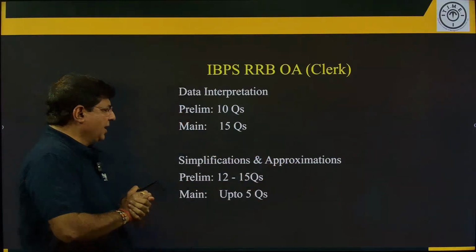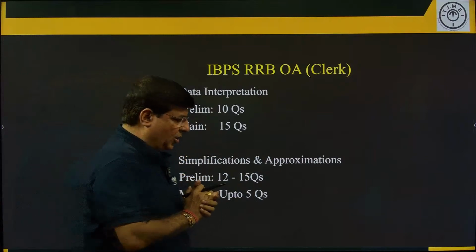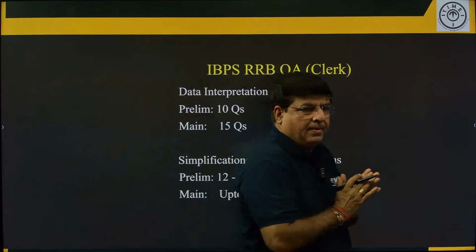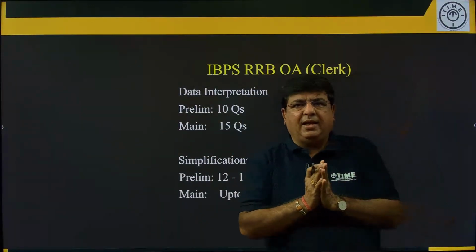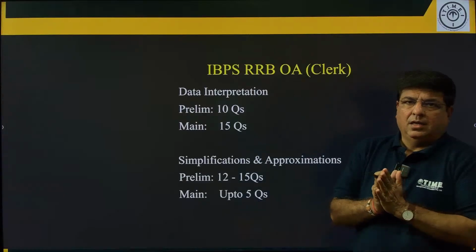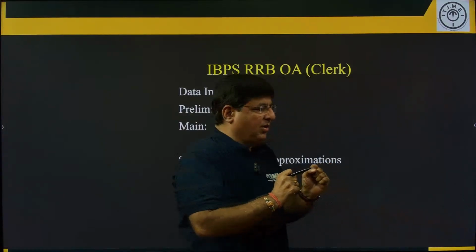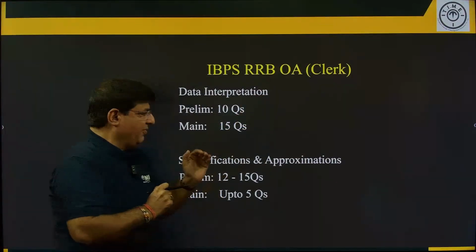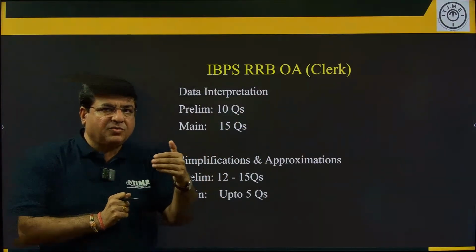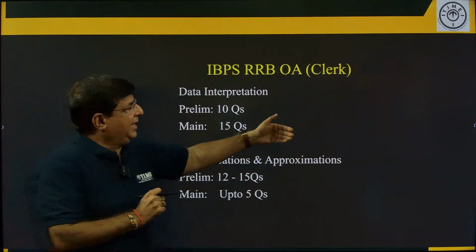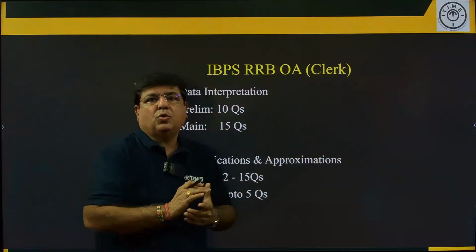Now, let us look at topic by topic, area by area. First, I will explain in detail each of the test areas, like you can see on the board: DI, simplification, approximations, and next we will go to two other areas, and then again to two other areas.